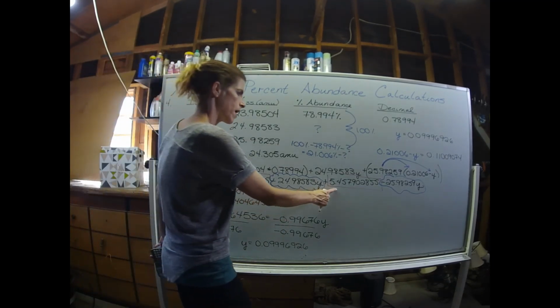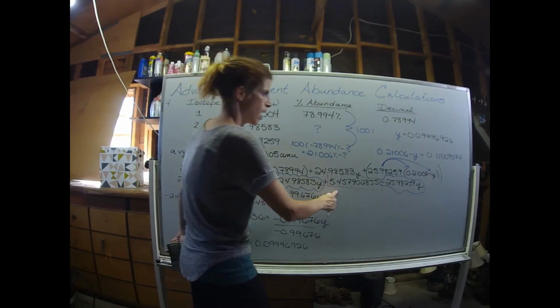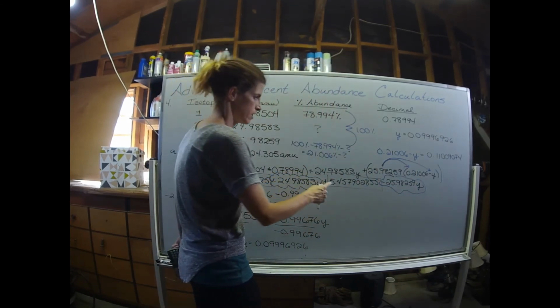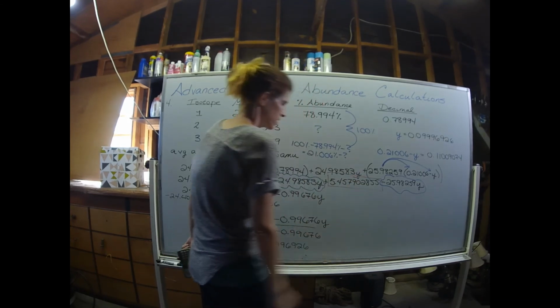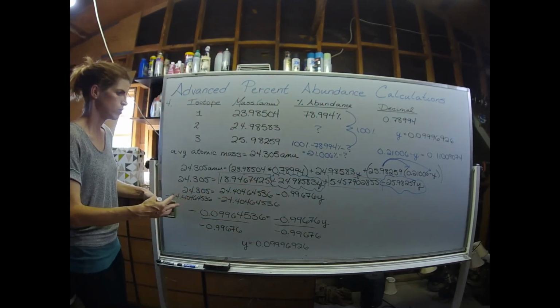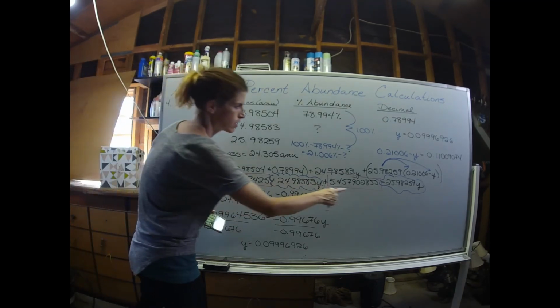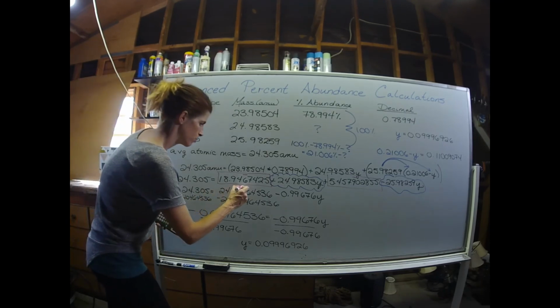Likewise, since I'm combining it with this term here, the 5 sig figs of the percent abundance is limiting me again. So 1, 2, 3, 4, 5. Now that I'm adding the numbers up, I want to consider decimal places. 3 decimal places and 4 decimal places. So we're down to 3 decimal places for that.